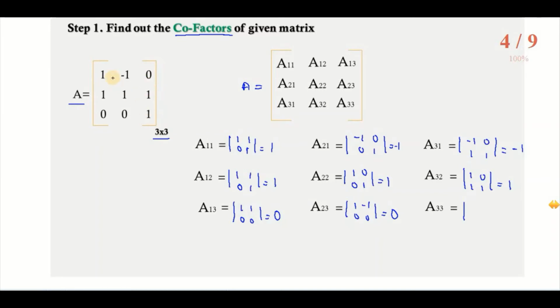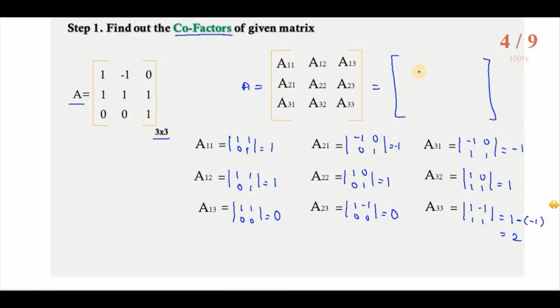What is remaining? 1 minus 1 1 1. Cross multiplying here, 1 minus minus 1 into 1, so this value will be 2. So we are getting the cofactors of this given matrix like this.